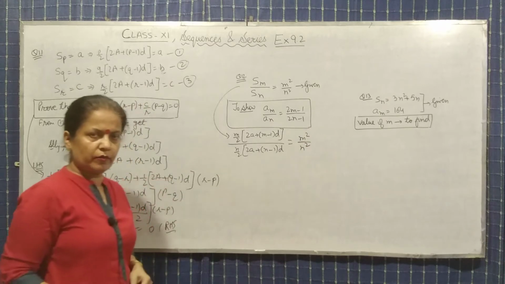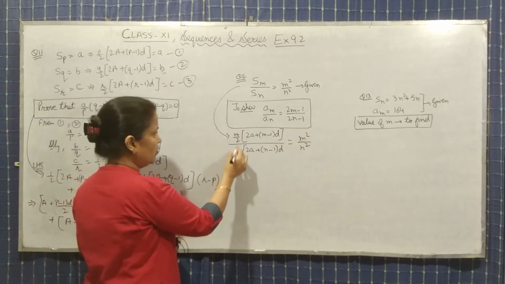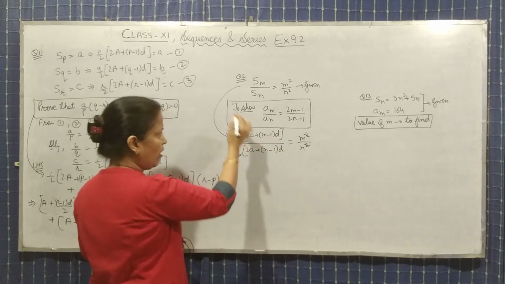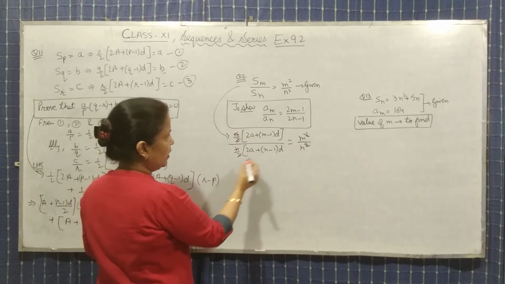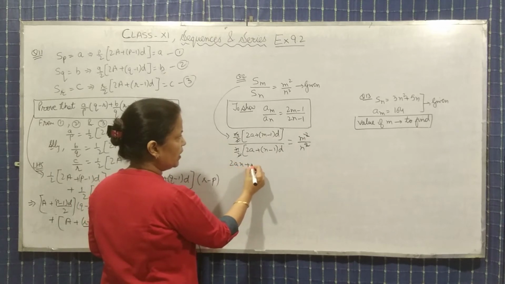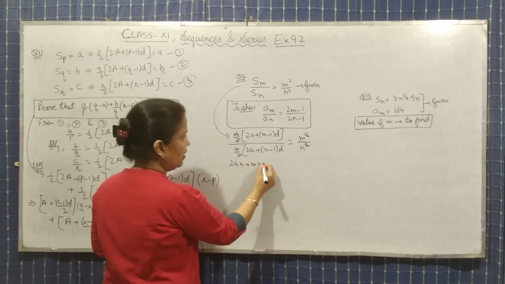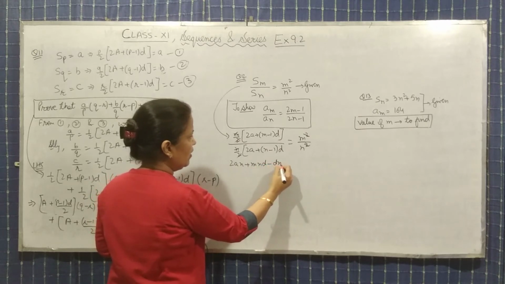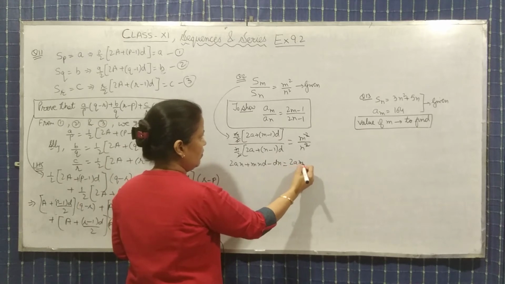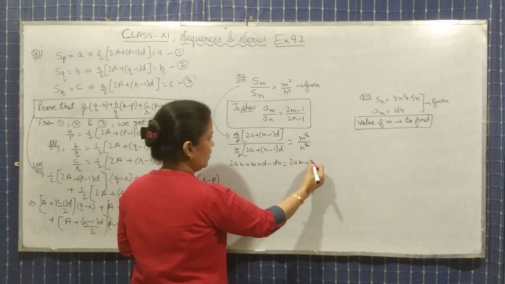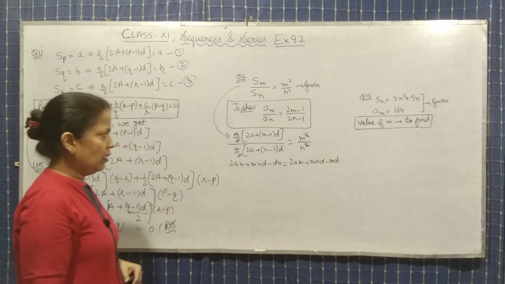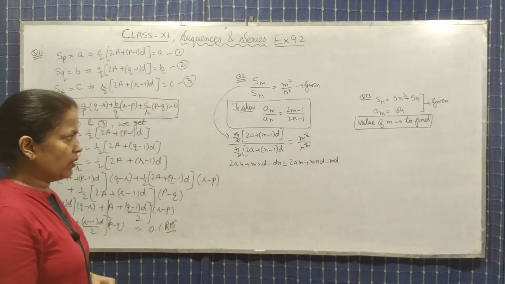This is given. Now cancel whatever can be cancelled. After solving it, do the cross multiplication, you will get 2an plus mnd minus dn equals 2am plus mnd minus md. This part you will get.